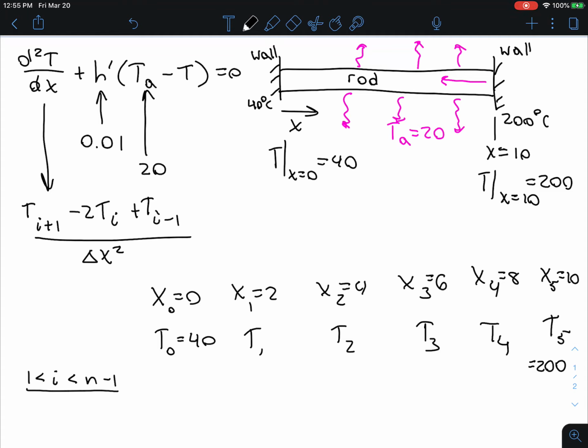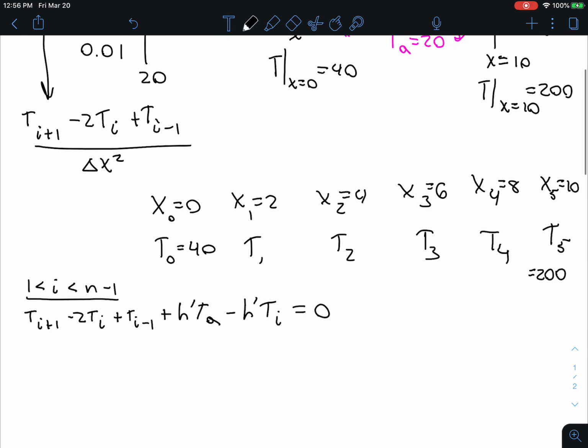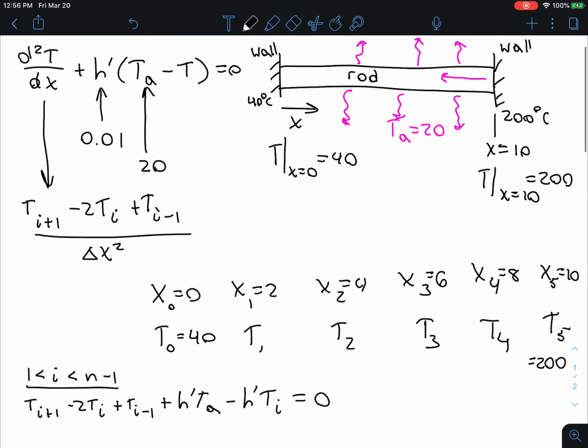So in this case at 2 and 3, we're going to say T(i+1) minus 2T(i) plus T(i-1) plus h' Ta minus h' T(i) equals 0. Okay, let me make sure that's right. Oh, actually, I multiplied by delta x squared, so I have to add that.